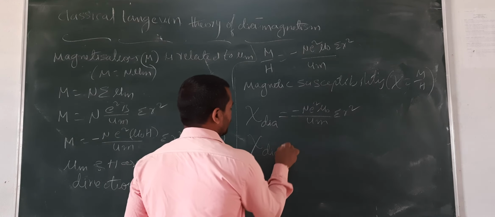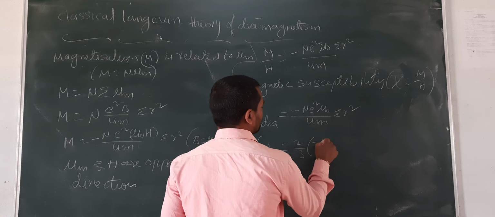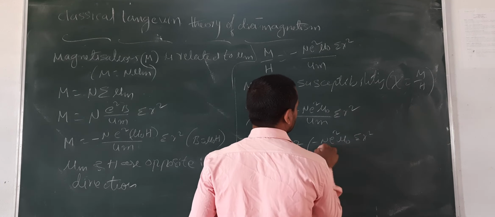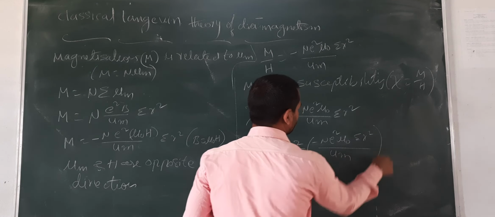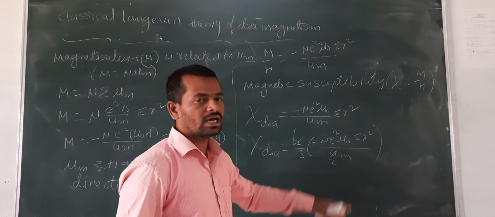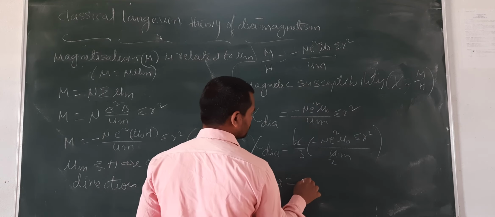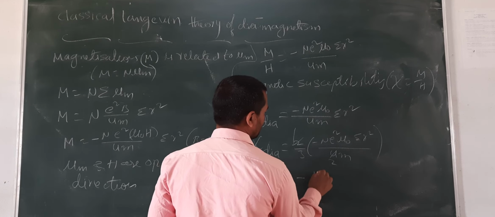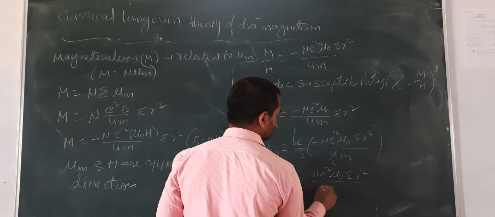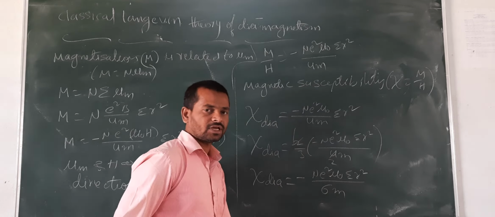Chi dia is 2 by 3 into minus n e square mu naught summation r square by 4m. 2 ones are 2, 2 threes are 6. Chi dia is equal to minus n e square mu naught summation r square by 6m.